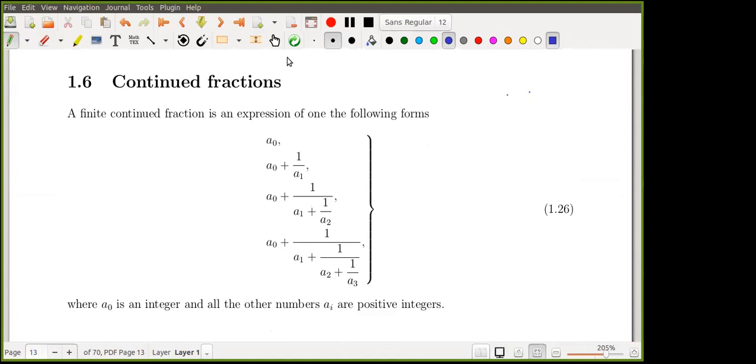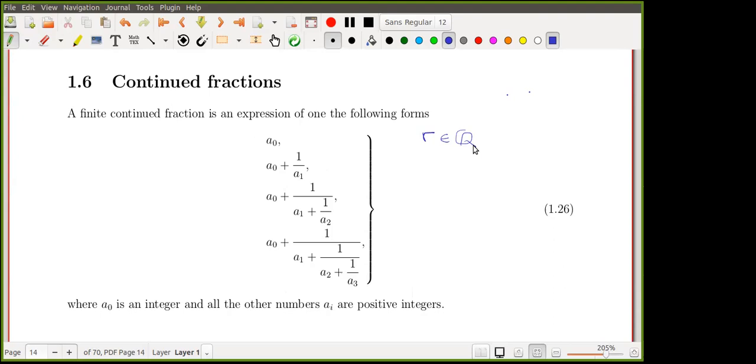In the definition, a continued fraction is just an expression that can be written in one of these forms. You can have more, but in our particular case, we assume that we are dealing with a real number that is a rational number.